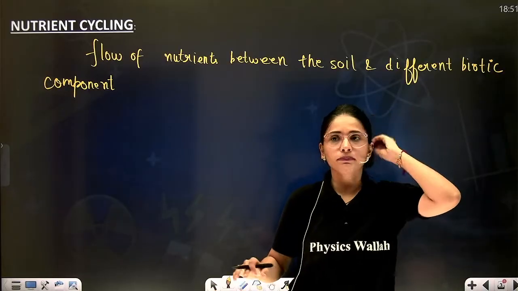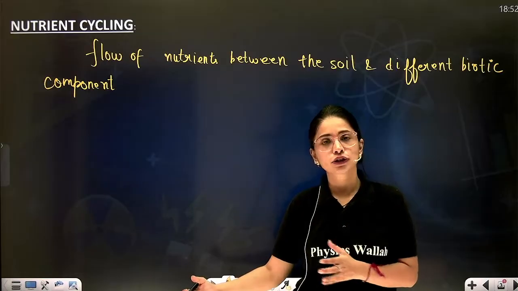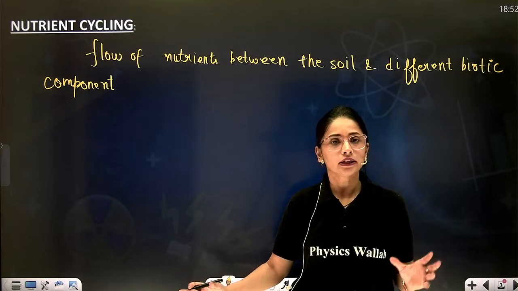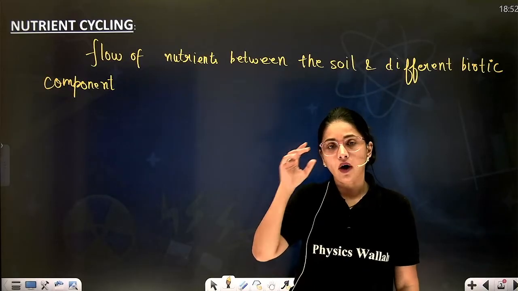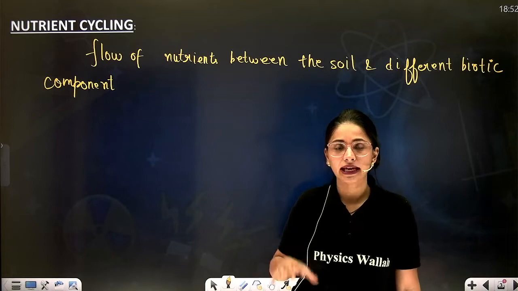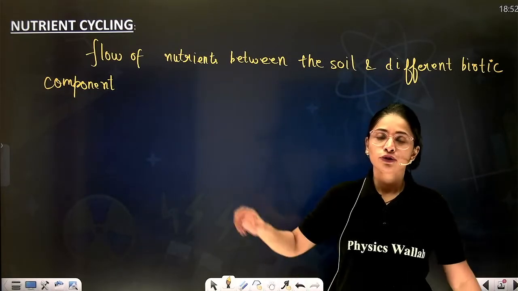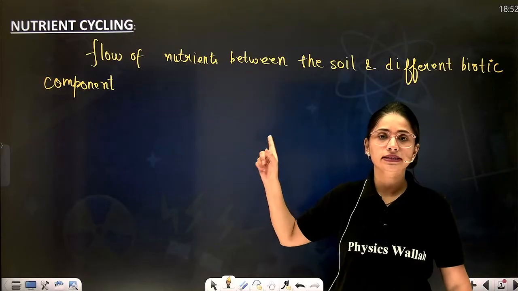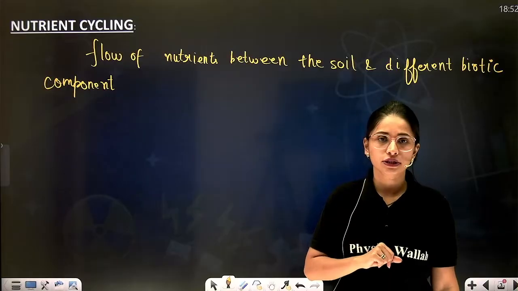See, whatever energy the plant has produced, if that is not being transferred to another organism through energy flow, then nutrient cycle is not possible. Then if that organism dies and if it is not getting decomposed with the help of different decomposers, then again nutrient cycle is not possible. So this function of ecosystem is completely dependent upon energy flow and decomposition, right?